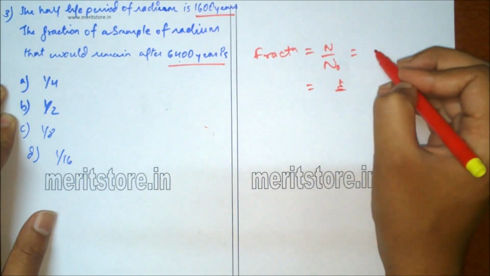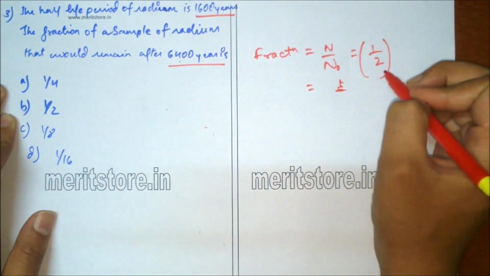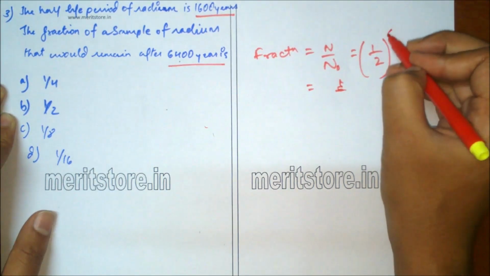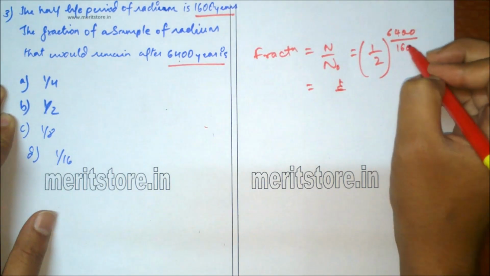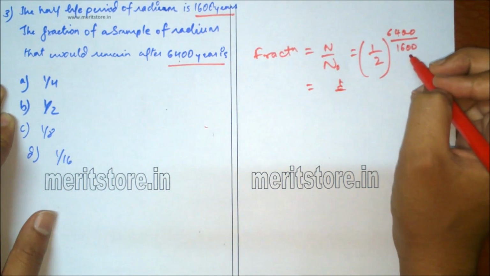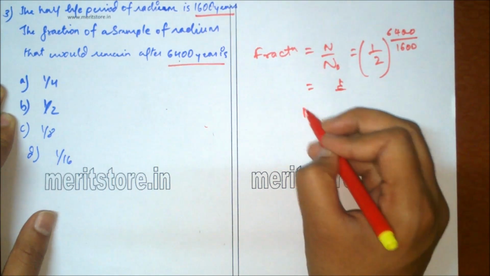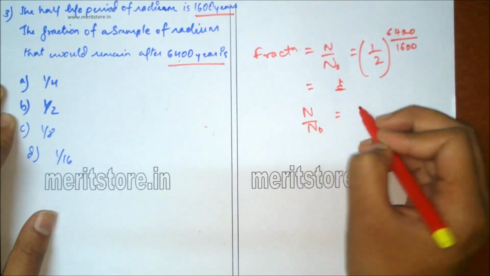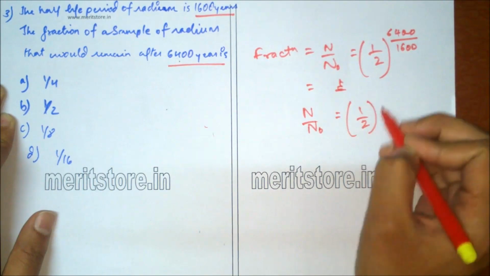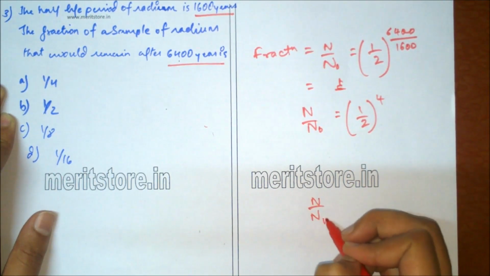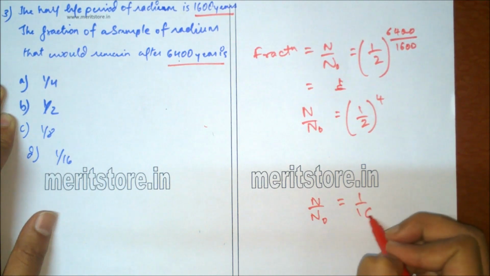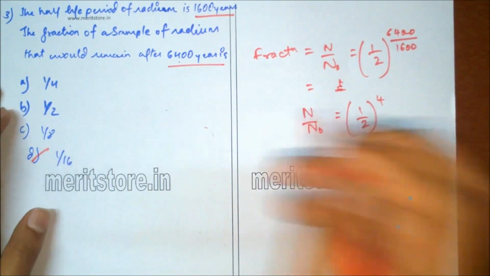We can equate this as half raised to small t by capital T, which is 6400 upon 1600. 1600 is the half-life, which is capital T. So we can write this as N upon N0 is equal to half raised to 4. So N upon N0, the fraction, is equal to 1 upon 16. Option D.